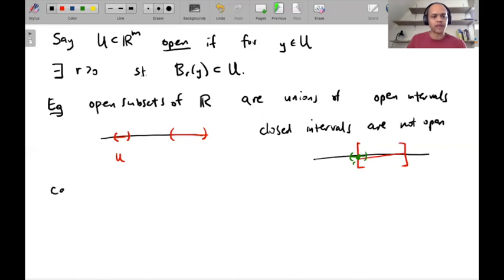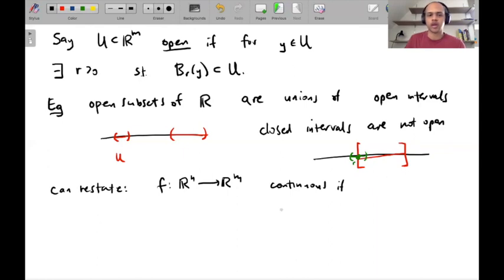Right, so we can restate the definition of continuity. F from Rn to Rm is continuous if F inverse of U is open for every open subset U in Rm.